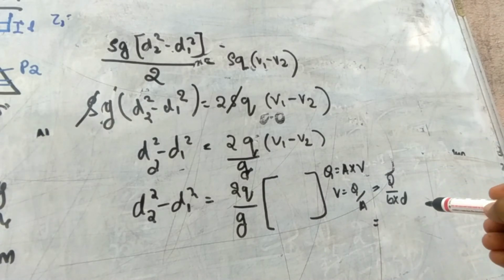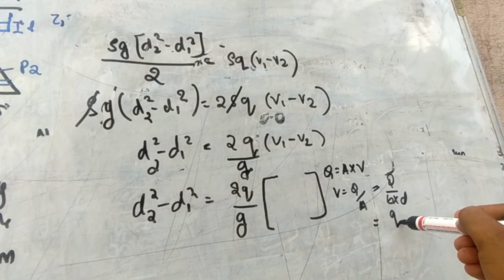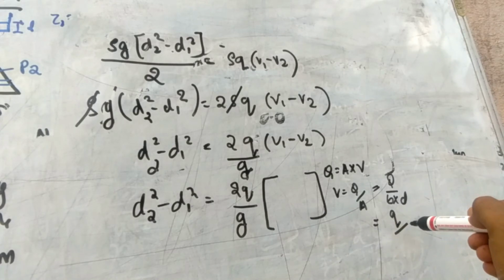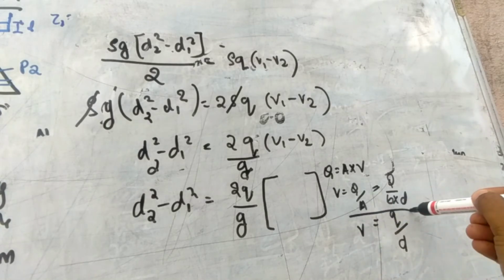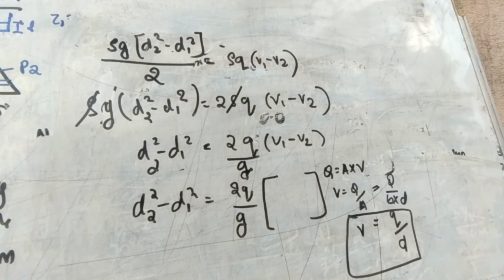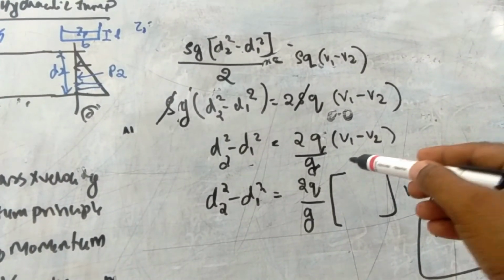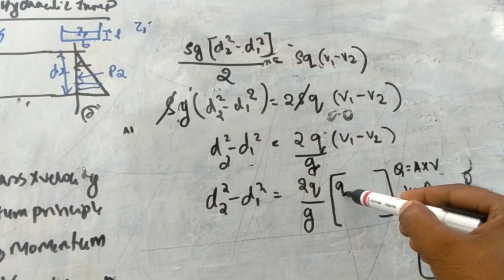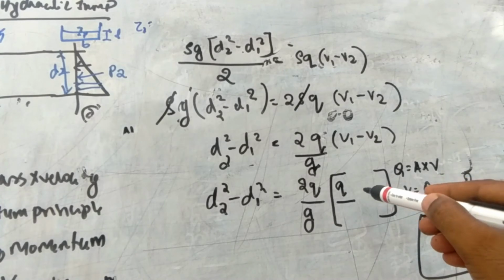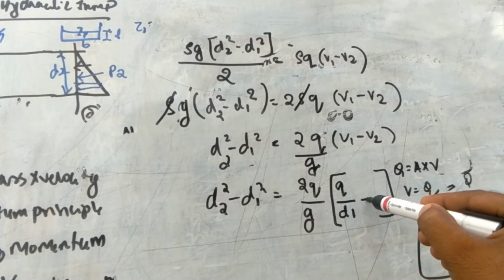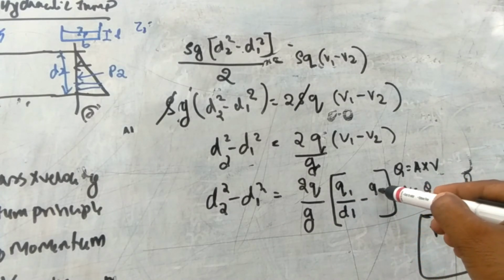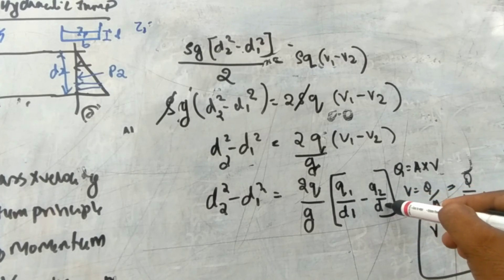So v is equal to small q divided by d, per unit width. So I can write v1 is equal to q divided by d1, and v2 is equal to q divided by d2.